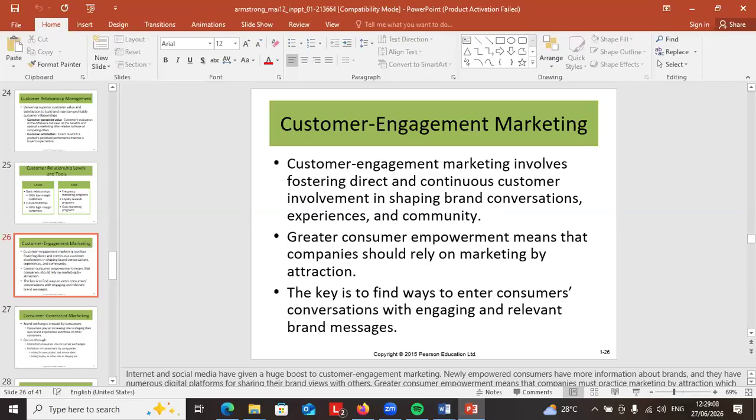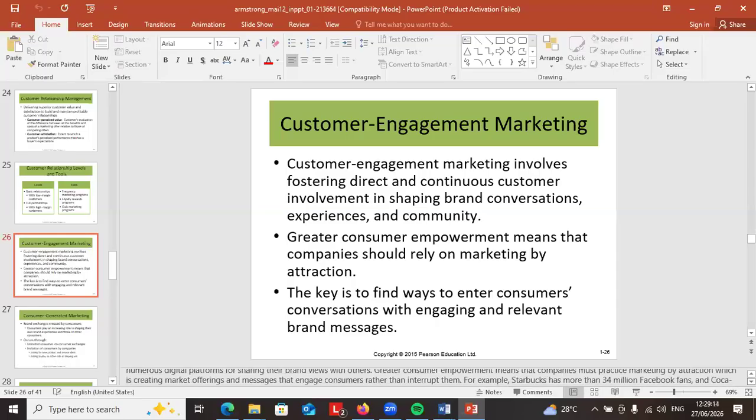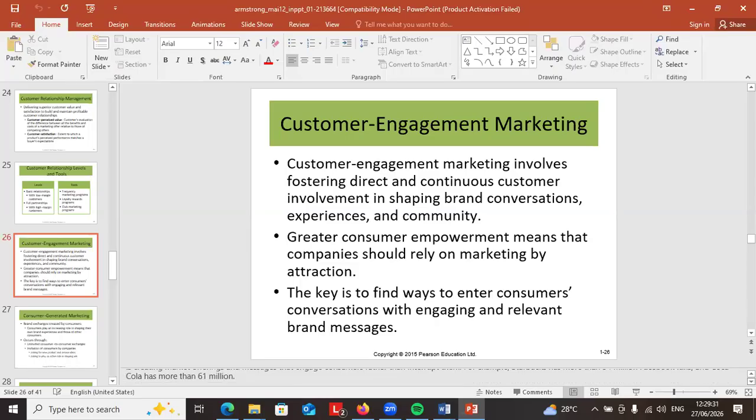And so greater consumer empowerment means that companies must practice marketing by attraction, which is creating market offerings and messages that engage consumers rather than interrupt them. Right? For example, Starbucks has more than 34 million Facebook fans, and Coca-Cola has more than 61 million Facebook fans.